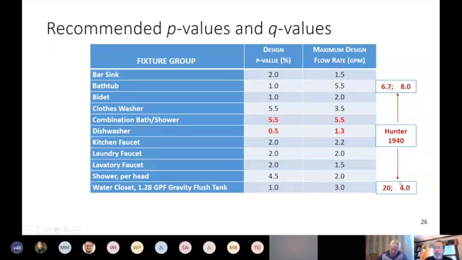Now, what's interesting is if you compare that to what Hunter had, for example here with the water closet, that the flush tank had a probability of 20%, where we have an updated probability of 1%. So a tremendous decrease in the p-value, and the flow rate dropped from 4 to 3. And again, this is for a typical residential use. We don't have congestion, so it's not surprising to see 20 drop down to 1.